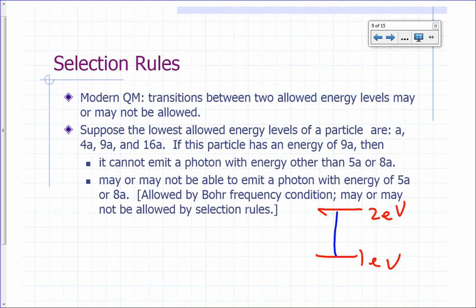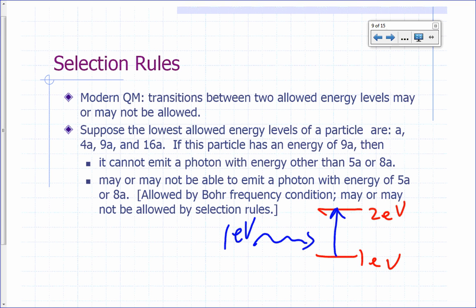It doesn't mean that if I were to give you a 1 electron volt photon, it will be accepted. You might say it could be accepted because 1 plus 1 will take it to 2, right? That's allowed as far as the Bohr frequency condition is concerned. But there may be other reasons why that may not be allowed. We're going to talk about that later in the semester. Those are called selection rules.